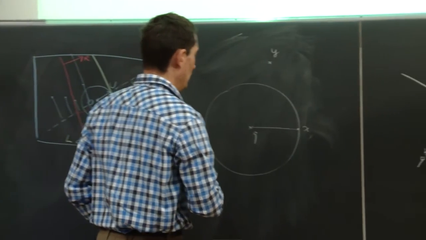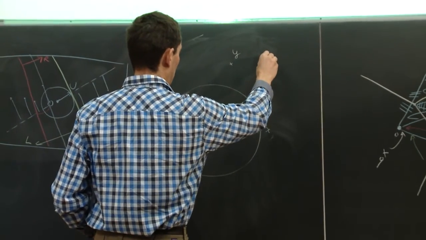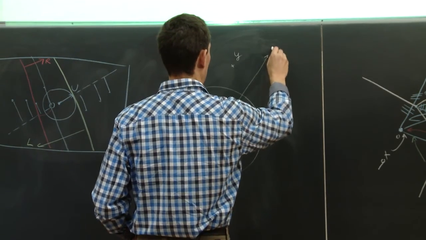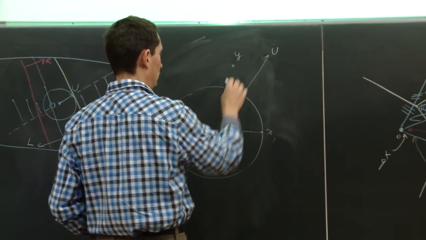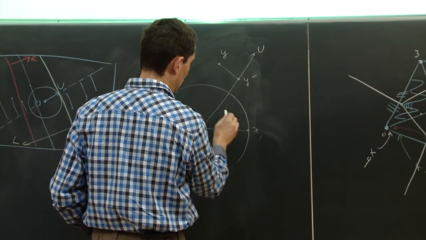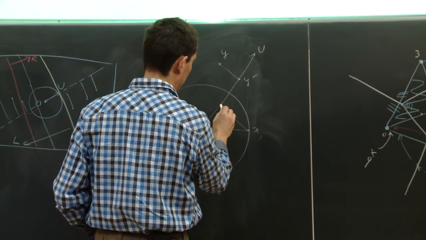Okay. And so we'll be taking a random direction, as usual, U, on the unit sphere. We'll be projecting Y here, Y prime. We'll be projecting X here, X prime.